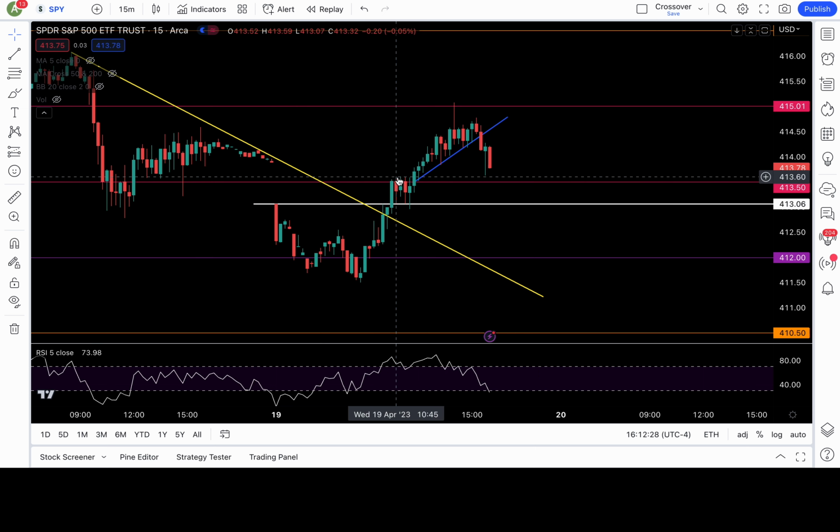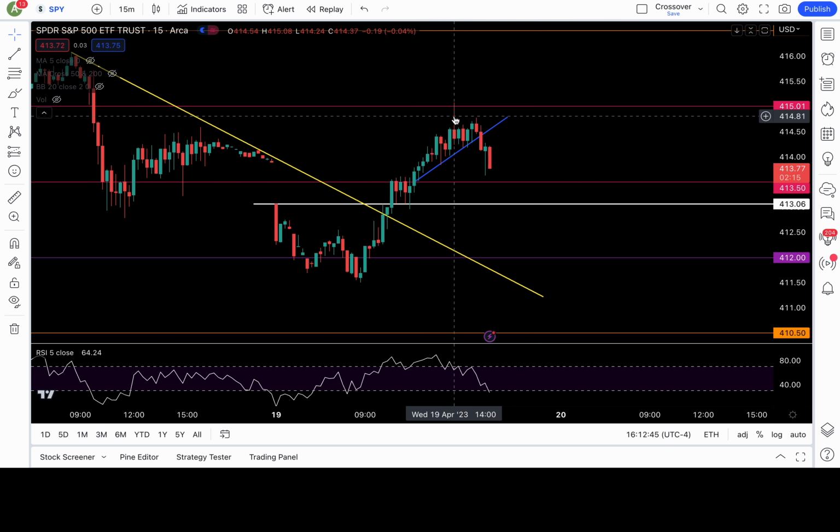It cleared 413 and back tested it as support. I call it back test and go. The idea is that we see a resistance level change behavior to a support level. We see buying pressure, that's bullish, and that's an indicator to go long or buy calls.